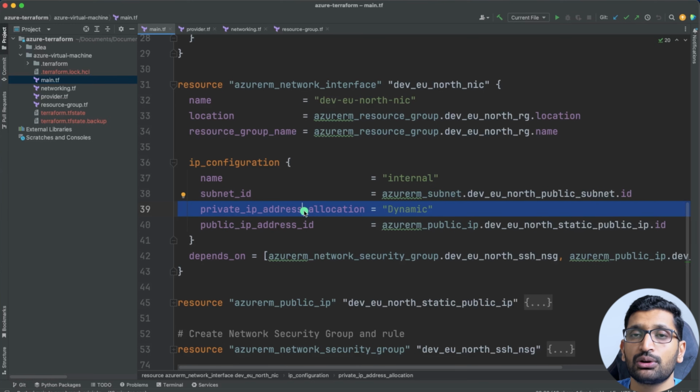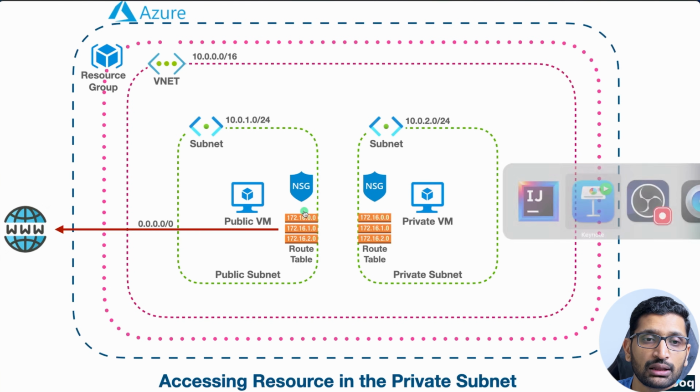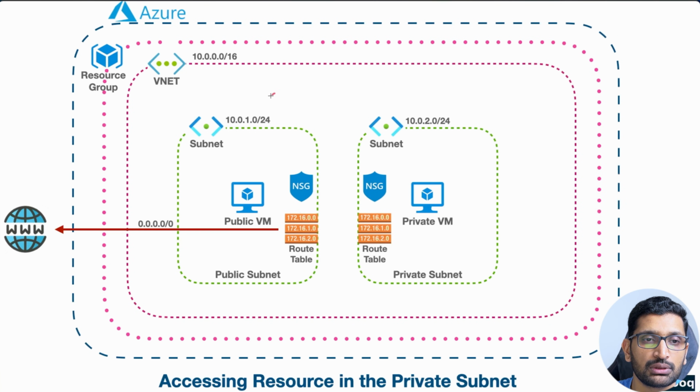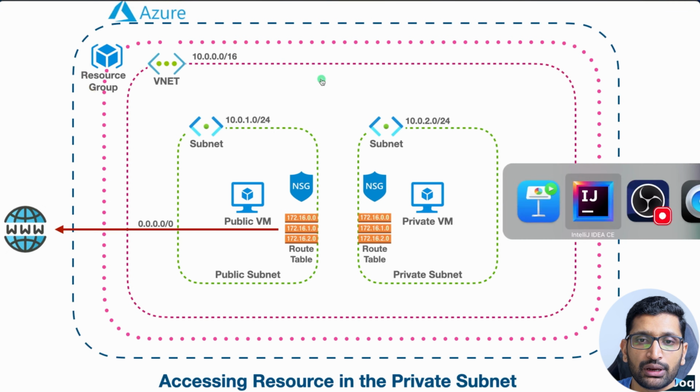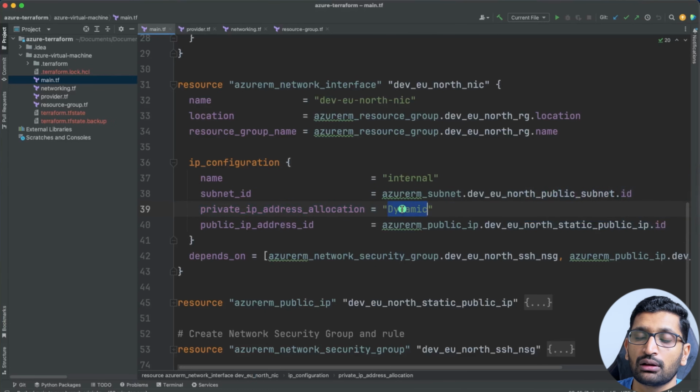When you create a virtual machine, you get a private IP from this CIDR range, because this is the CIDR range which is only visible within this particular VNet, this resource group, or your Azure cloud account. So you are going to specify over here that this is your dynamic IP for this private IP.